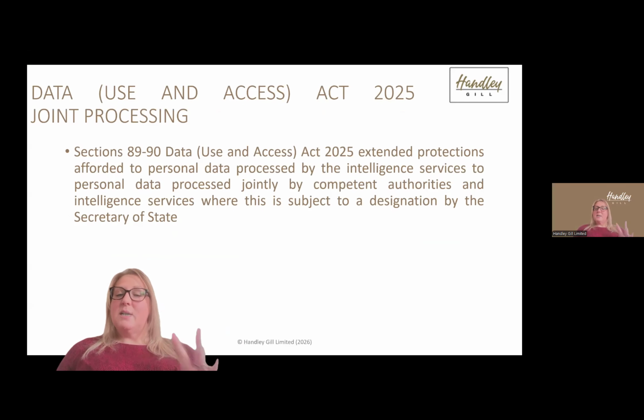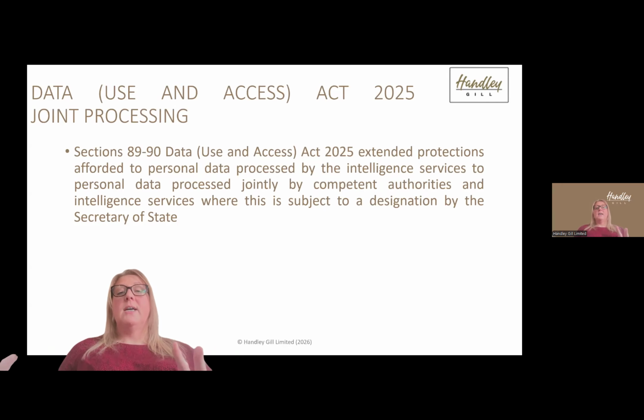They effectively extend protections afforded to personal data processed by the intelligence services to personal data being processed jointly by competent authorities and the intelligence services in circumstances where this is subject to a designation by the Secretary of State. There are various provisions around the circumstances in which there can be joint processing, the criteria for a designation to be made, how a designation should be applied for and made, those kinds of things.